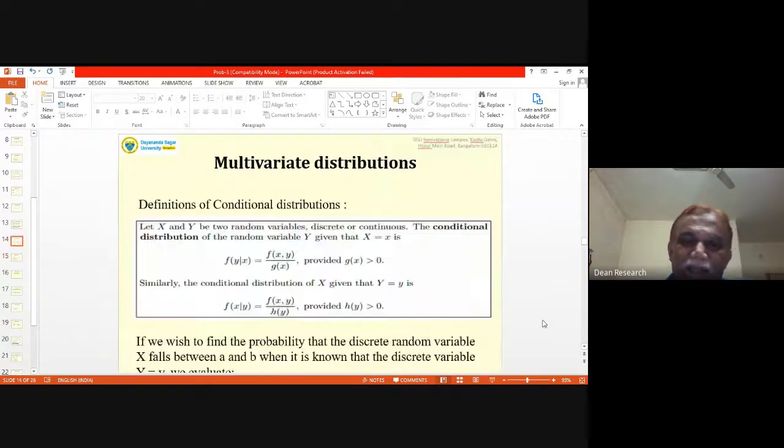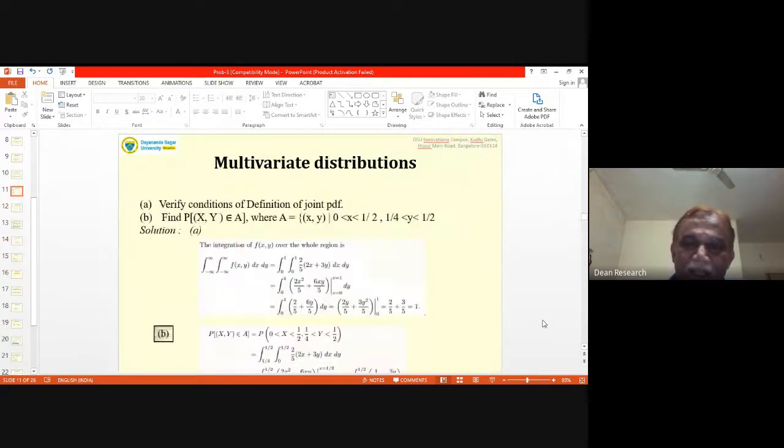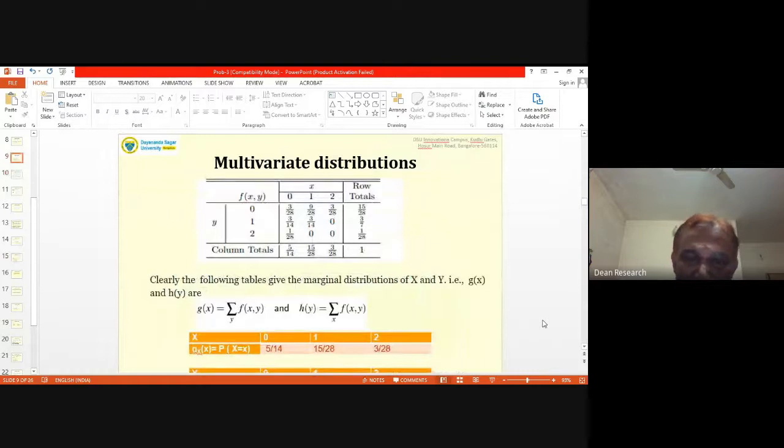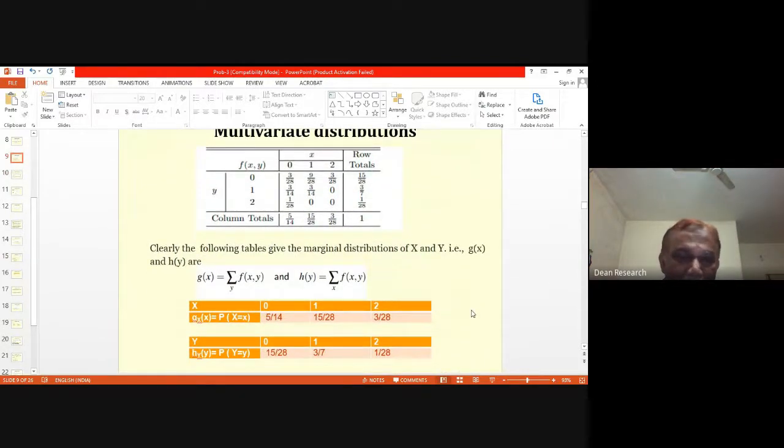I think we can also consider other examples we have seen earlier. We have got h of y given. We can compute capital F of y.